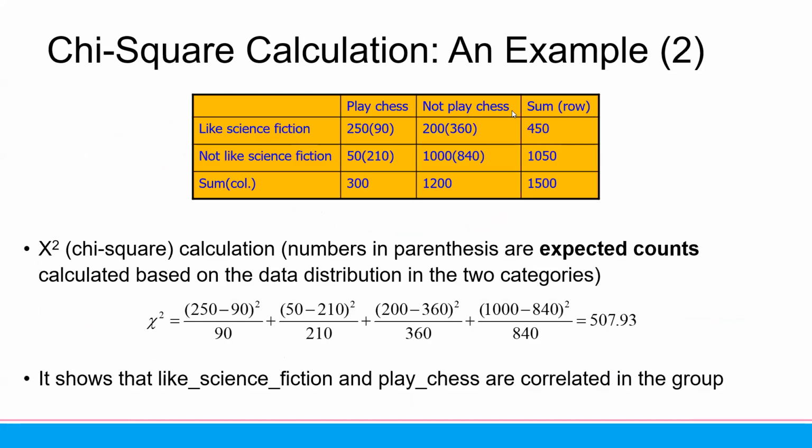What about another data set? This is more complex data. This is the observation, and this is the expected value.